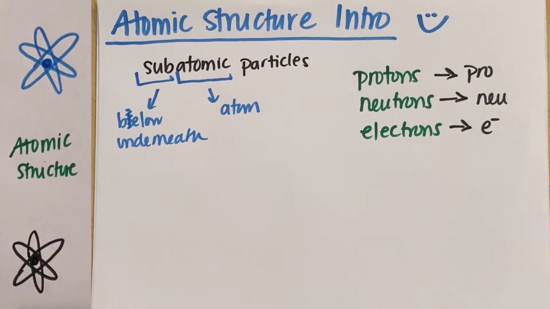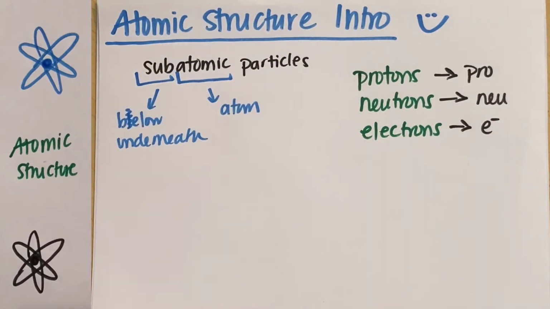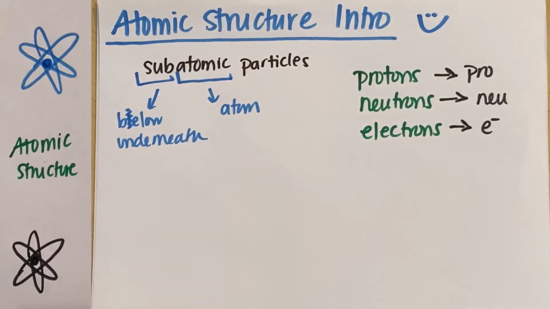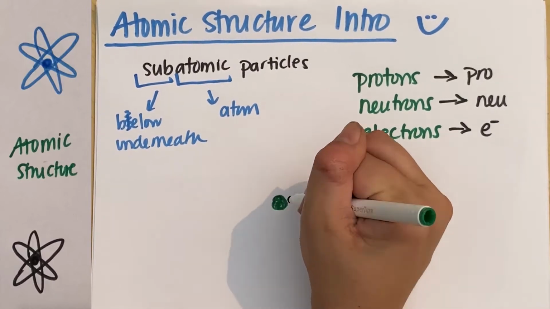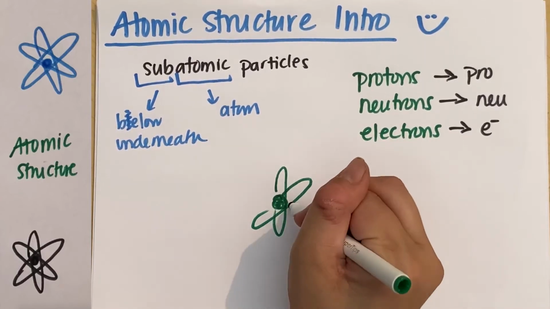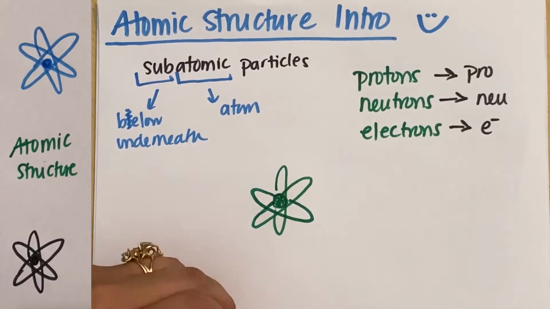And I know that we all hopefully have a concept of what an atom in general looks like. I love going over the history of an atom and how we've come to understand what an atom looks like, from going from a solid sphere all the way to what we understand now. But just in general, if you can think about your kind of Big Bang Theory picture of an atom, that is good enough to conceptualize.